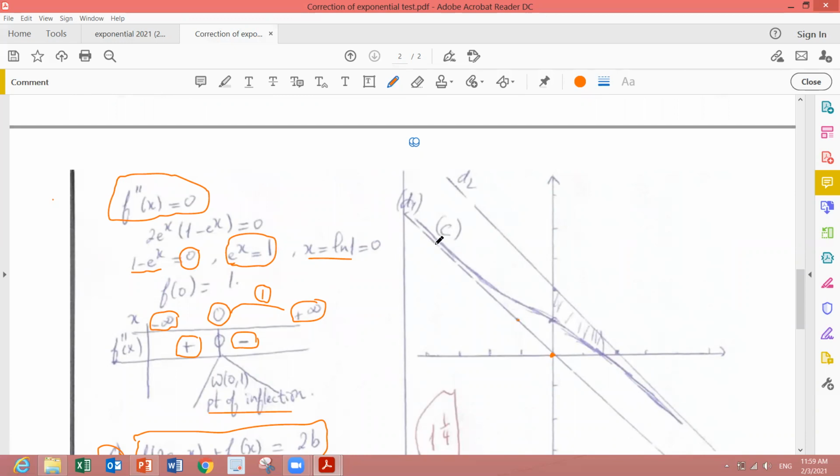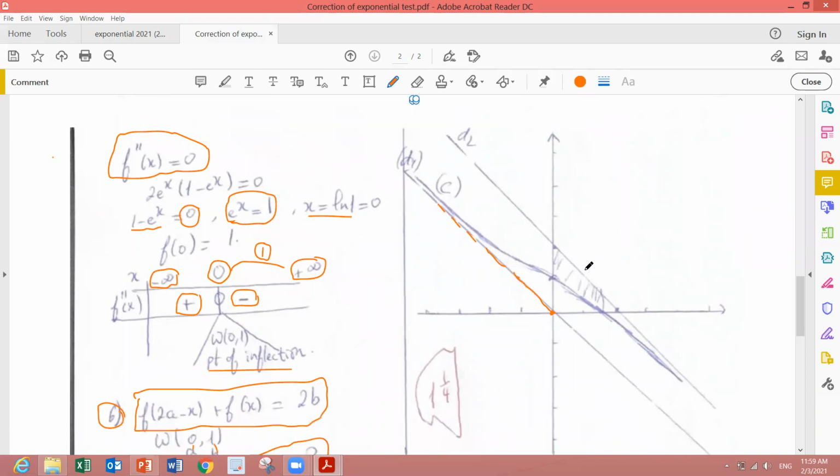This is the first asymptote, D1, the asymptote at minus infinity. The second asymptote, y equal minus x plus 2. For x equal 0, y equal 2, and for x equal 2, y equal to 0. We draw the second asymptote.